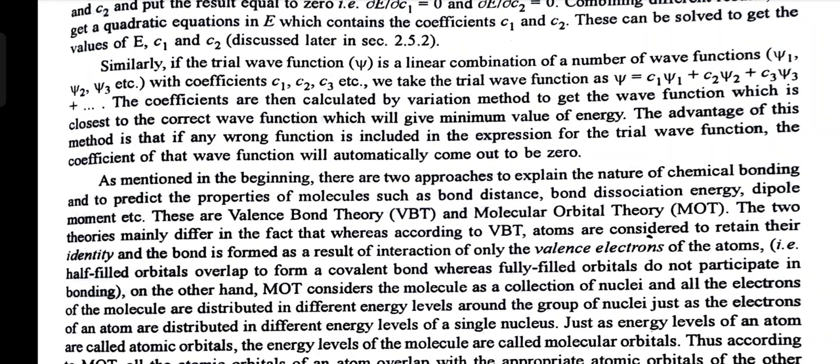The coefficients are then calculated by the variation method to get the wave function closest to the correct wave function, which will give the minimum value of energy. The advantage of this method is that if any wrong function is included in the expression for the trial wave function, its coefficient will automatically come out to be 0.